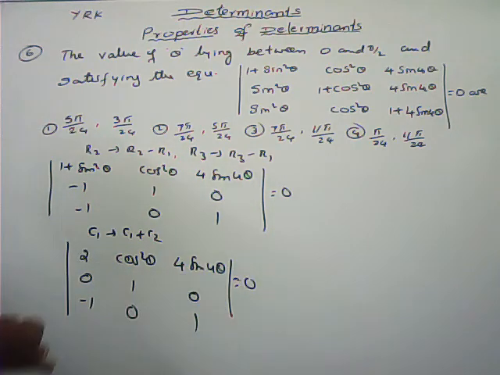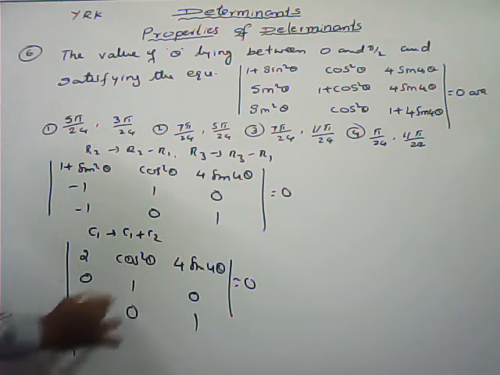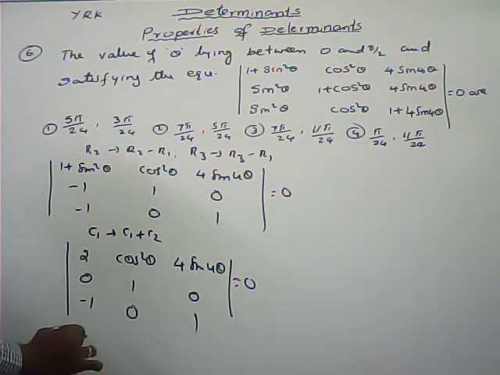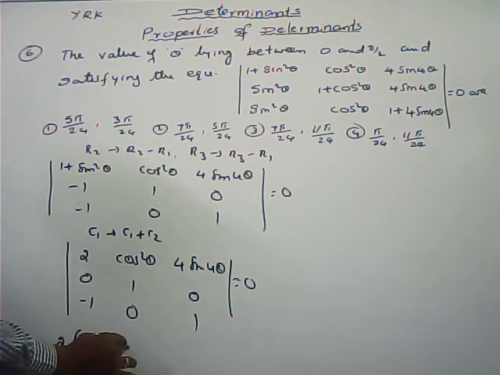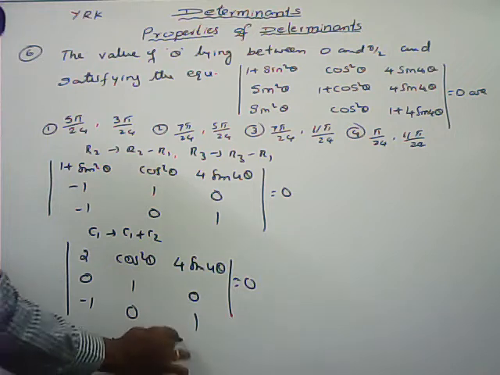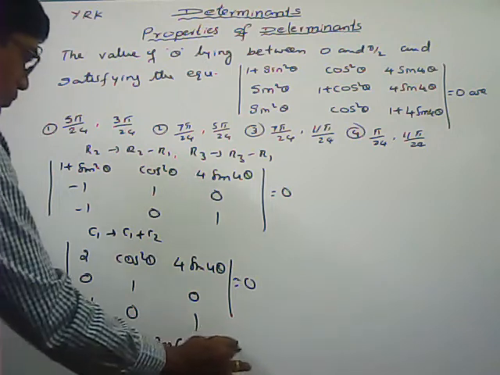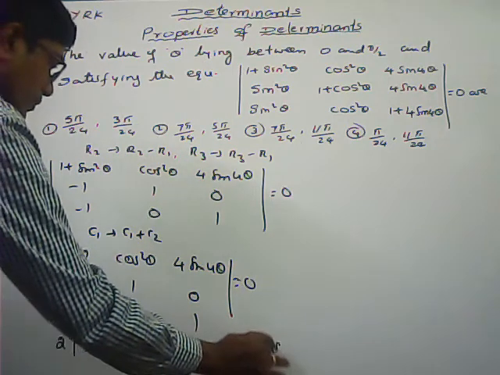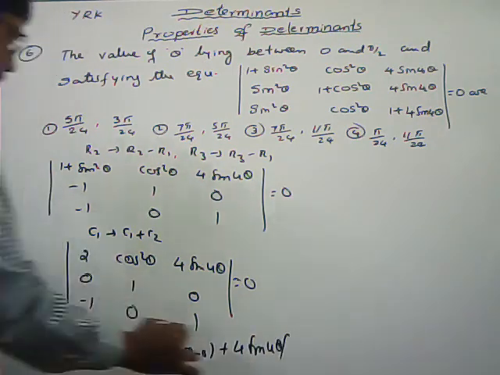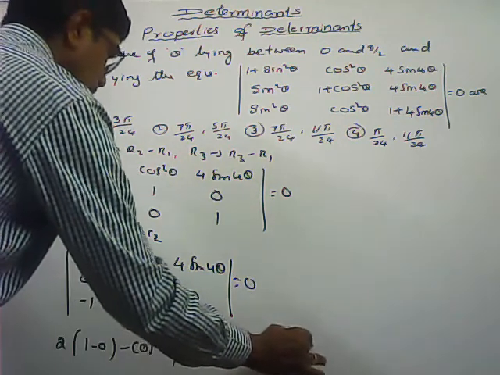Now here we can expand: 2 into (1 minus 0), minus cos square theta into 0, plus 4 sin 4 theta into (0 plus 1), that is equal to 0.